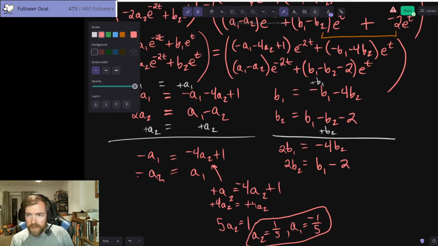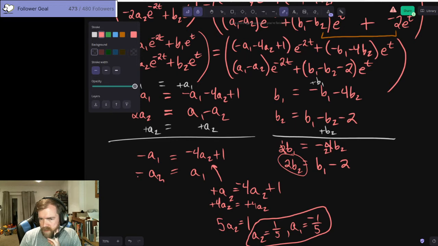So in the first case, divide 2 off from each of the pieces. All right, b1 is going to be negative 2b2. So we flip the sign on this.